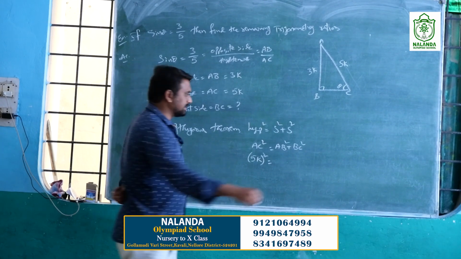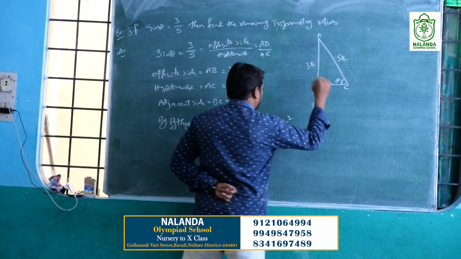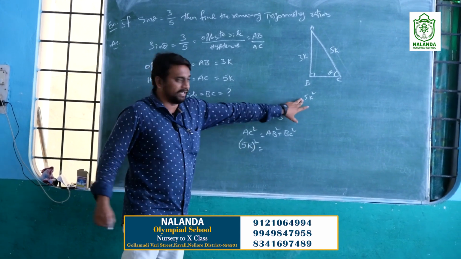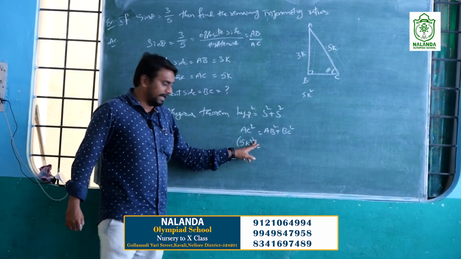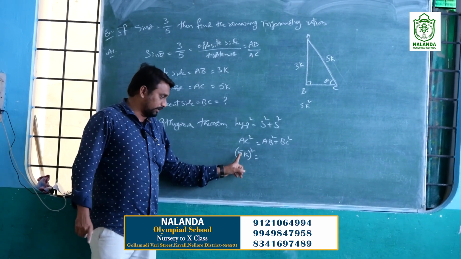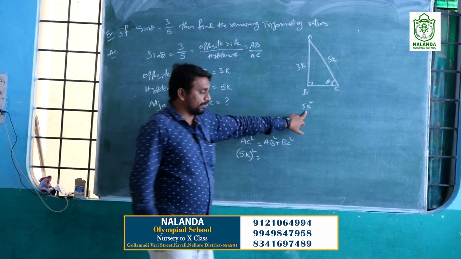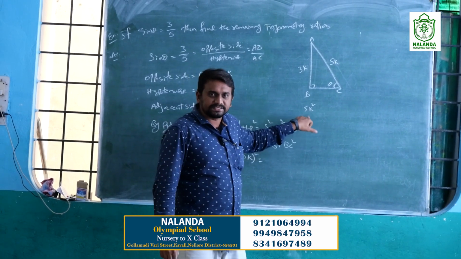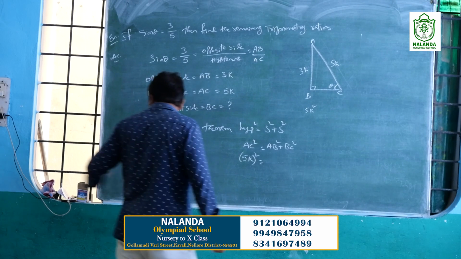But some students express it like 5K square. So what is the difference between 5K whole square and 5K square? In the first, the square is applicable to both 5 and K. In the second, the square is applicable to only the K. So this is the wrong way to express the AC value.